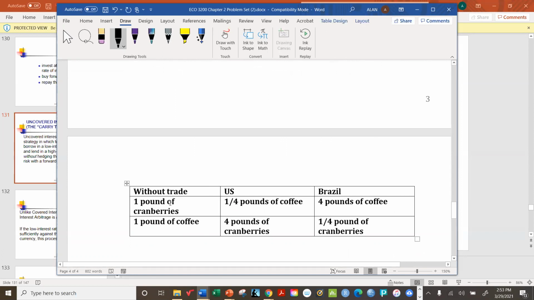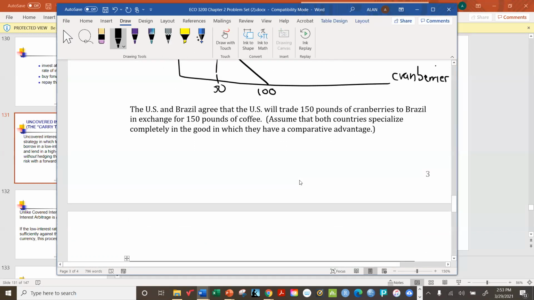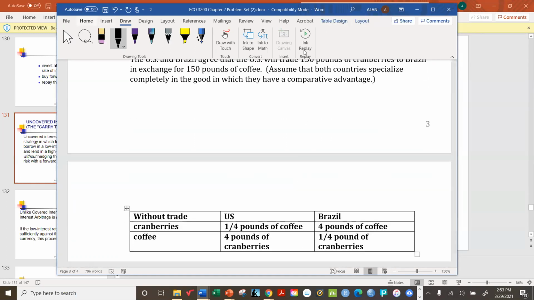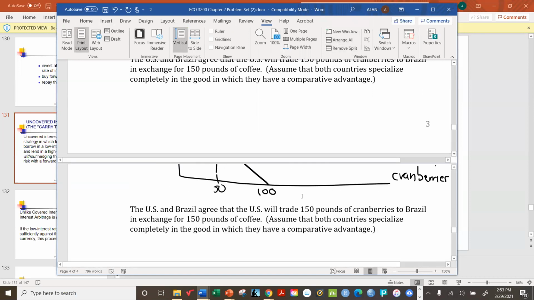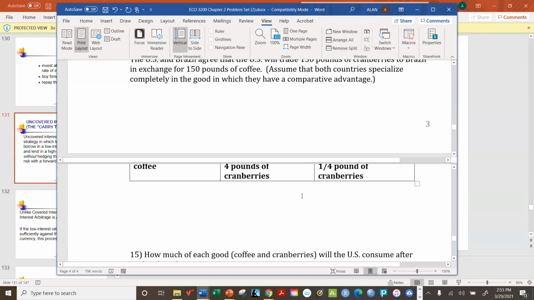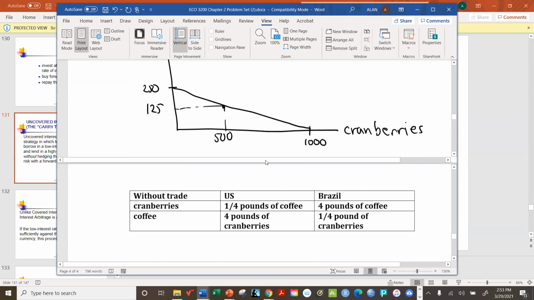All right, so we have cranberries and coffee. And we saw earlier that in the US, they've chosen to produce 125 pounds of coffee and 500 pounds of cranberries.